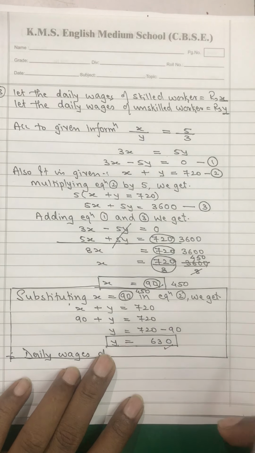An unskilled worker will never get a salary greater. Of course, it is shown also 5 upon 3, where the salary of a skilled worker is in multiples of 5, whereas the other is in multiples of 3, and they are going to have a common multiple. So this is greater and this is smaller. So here I can't have x is equal to 90, y is equal to 630. Something is going wrong and terribly wrong. So x is equal to 450.